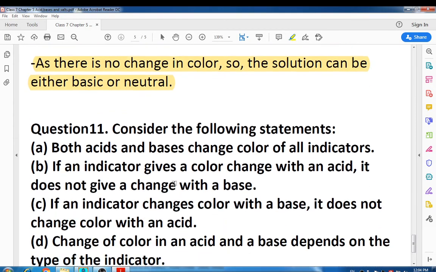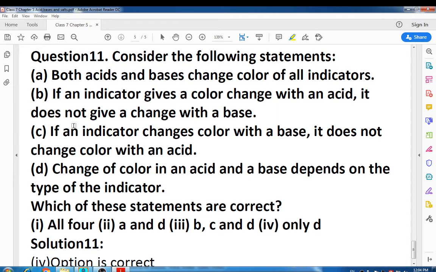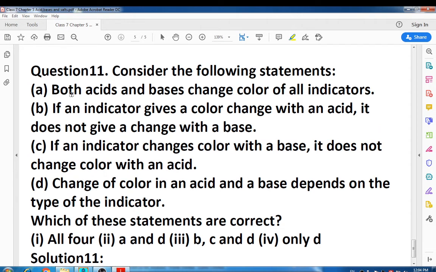Understood? And the last question of your exercise, question number 11. Consider the following statements. First we will read all the statements. A: Both acids and bases change color of all indicators.